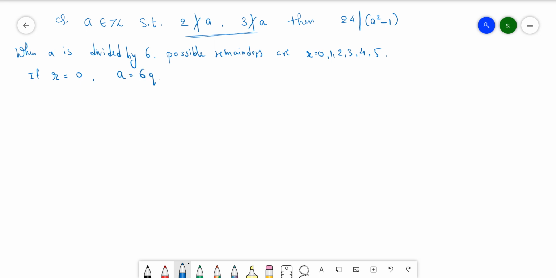But this is not a case that we can have, right? Because I know that 2 cannot divide a. Over here, if a is of the form 6q, then 2 divides a, correct? Which is not possible for our a.